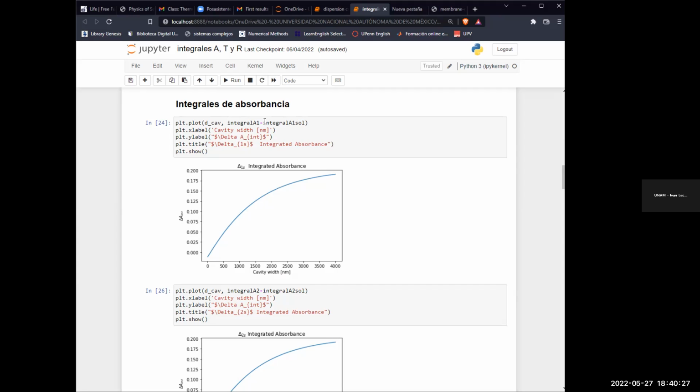That's because I'm trying to test the effective impact of the membrane in the optics of the system.